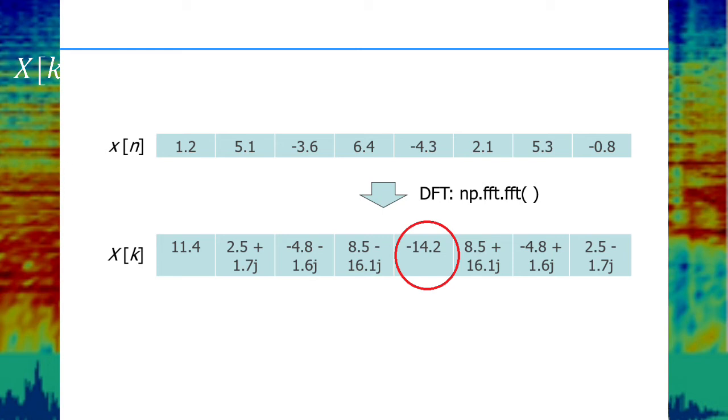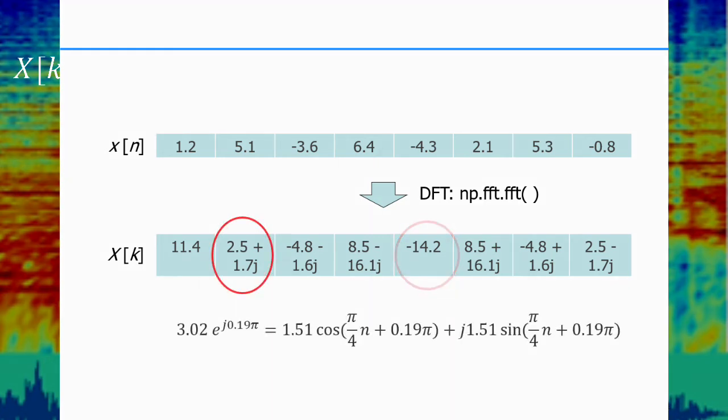And third, you now know that a number such as 2.5 plus 1.7j means that the signal x[n] contains a discrete time complex exponential, or if you like cosine and sine combination, with an amplitude equal to the magnitude of 2.5 plus 1.7j, which is 3.02, and a phase of the arctangent of 1.7 over 2.5, which is 0.19 pi. In other words, we now know the frequency, its amplitude and its position relative to n is 0.